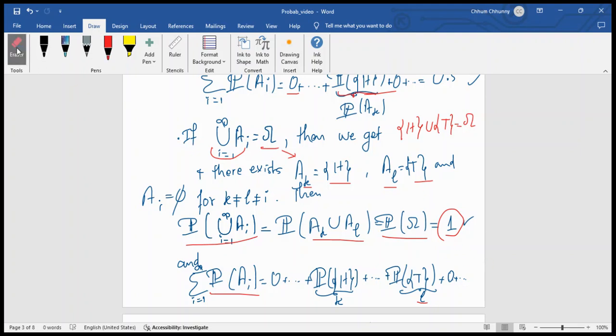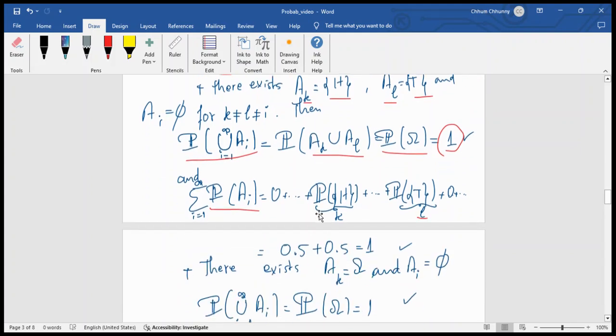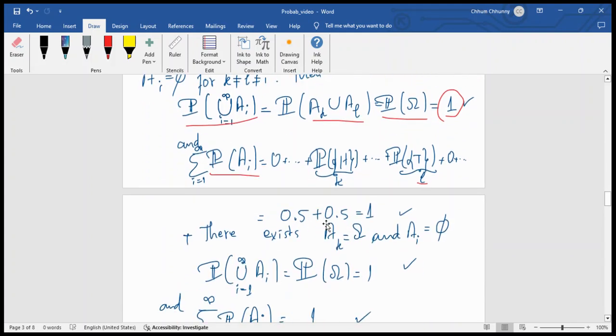Then we get 0.5 plus 0.5, which equals 1. And we see that the left hand side and the right hand side of the equality are equal. So the second condition is satisfied for the first subcase.